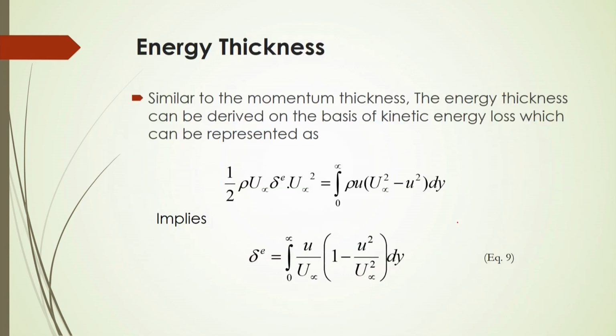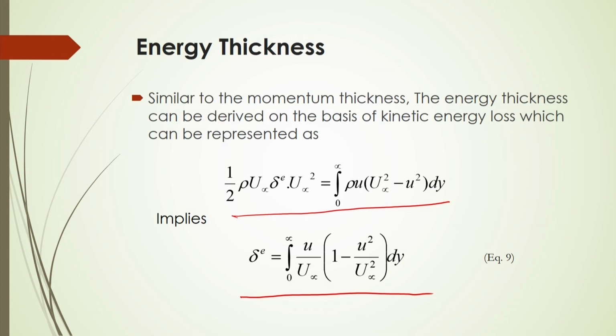Now, energy thickness: similarly to the momentum thickness, we can also derive the energy thickness, based on the kinetic energy loss represented by this equation. After simplification and integration, this implies equation number 9, from which you can get the energy thickness.